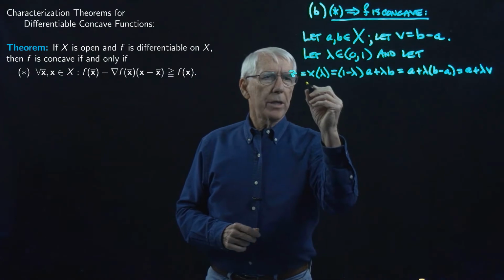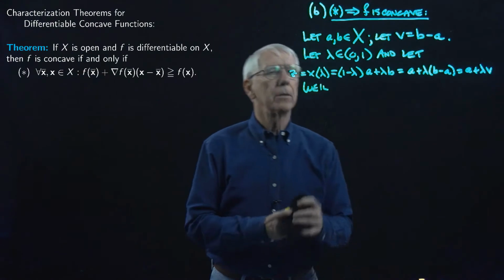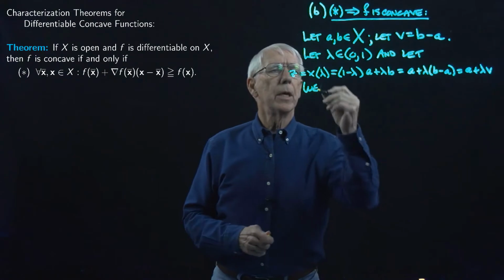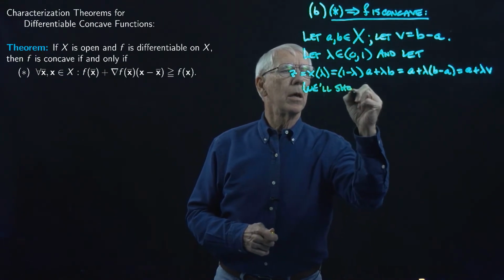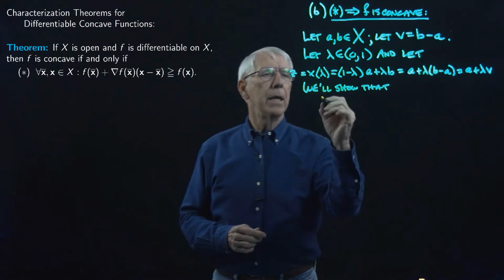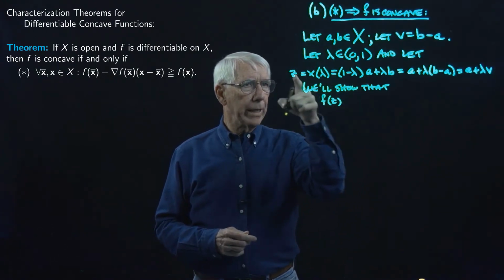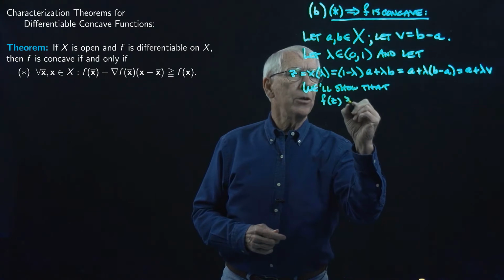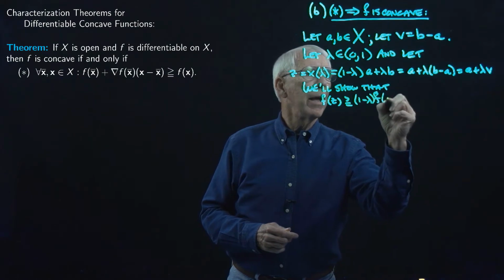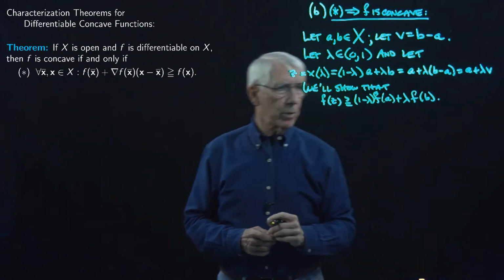And so what we want to do is show that f at this intermediate point here is greater than or equal to 1 minus lambda f of A plus lambda f of B. So that's where we're going. That's what we want to do.